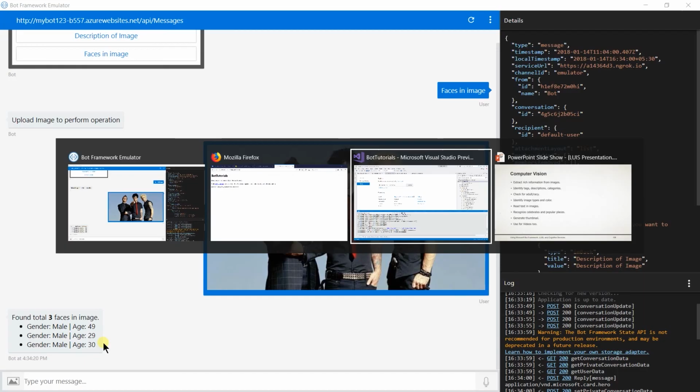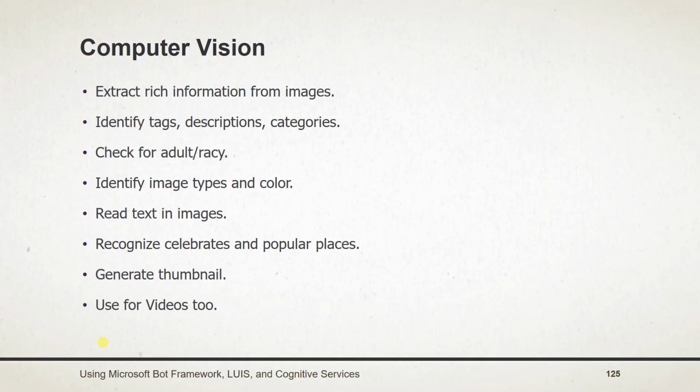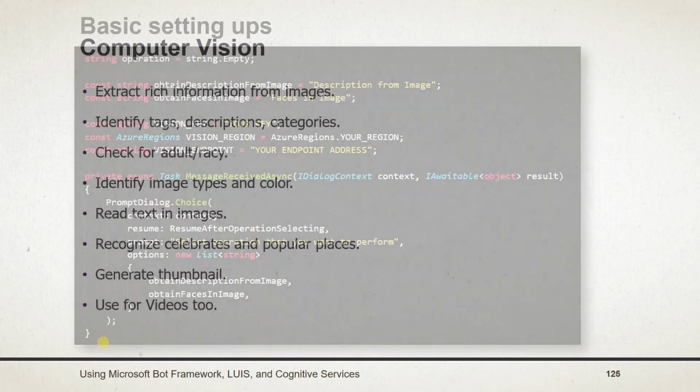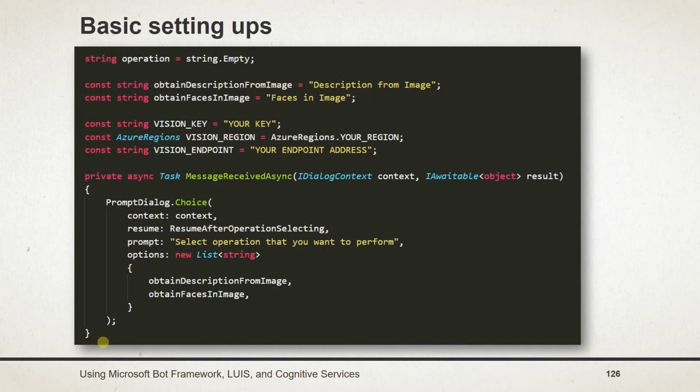Now let us see what we have learned in this session. We saw where we can use the Computer Vision API. In the dialog, we created some constant variables that we used while creating the prompt dialog and in the switch case for comparing. Then we set the Vision API key, endpoint and region.